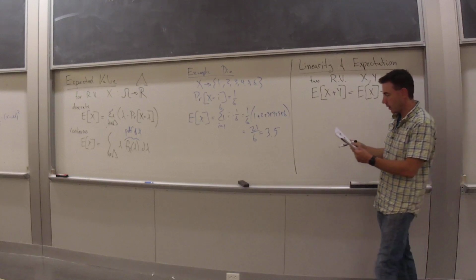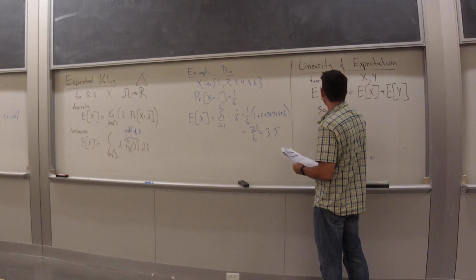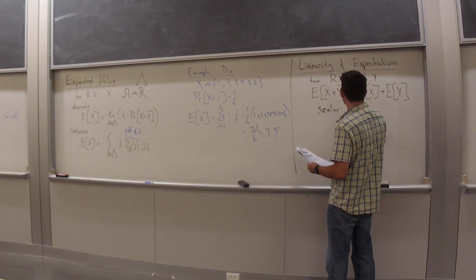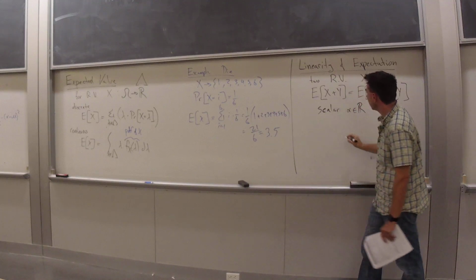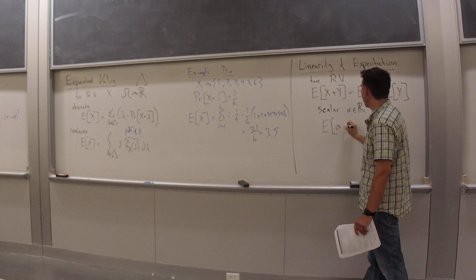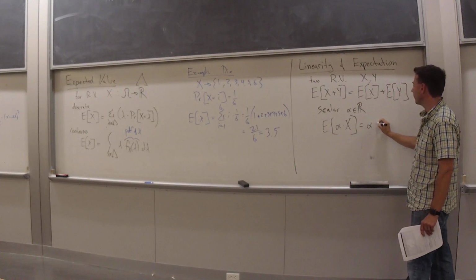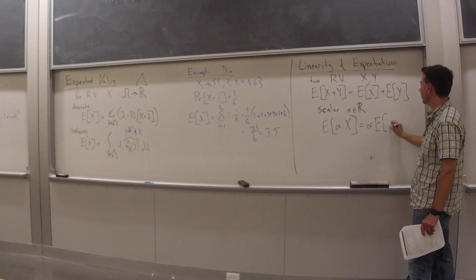Also, if I have a scalar value, then I know that the expectation of alpha times x is going to be equal to alpha times the expectation of x.